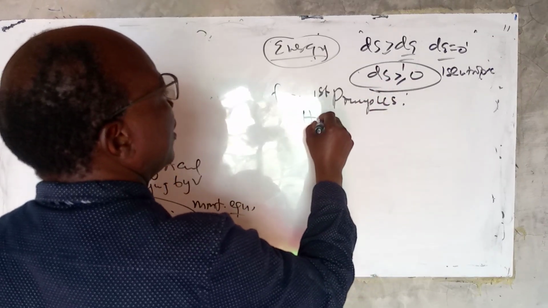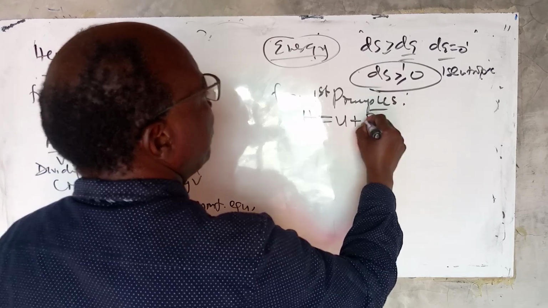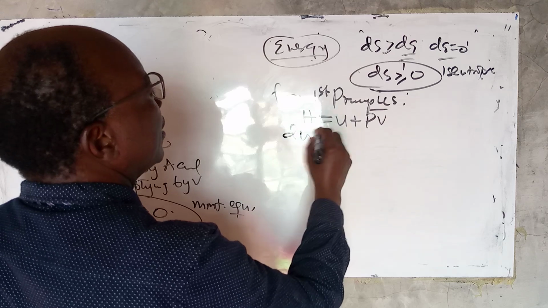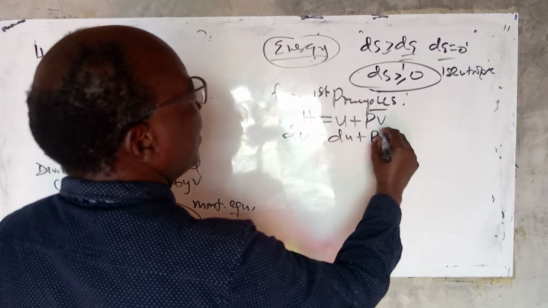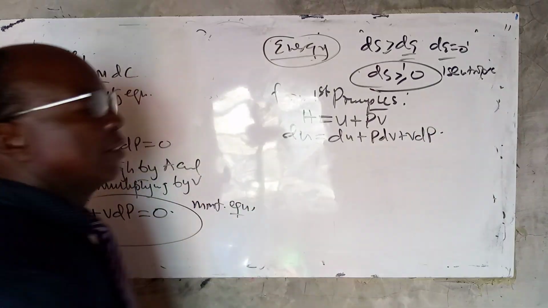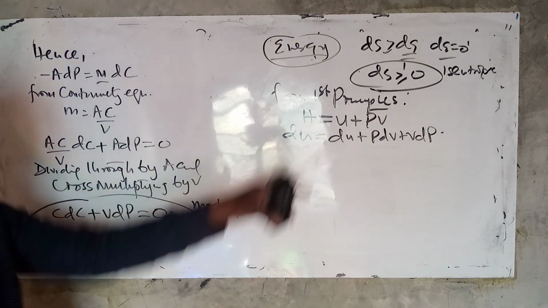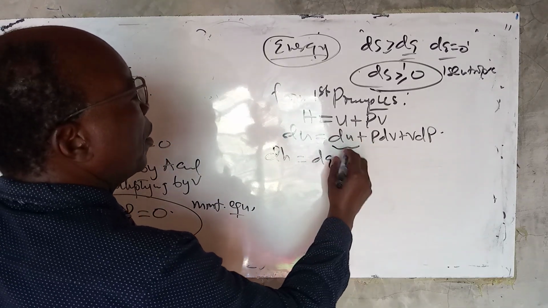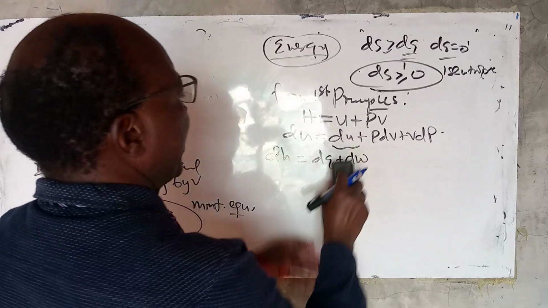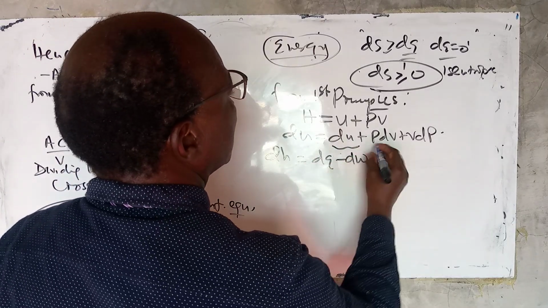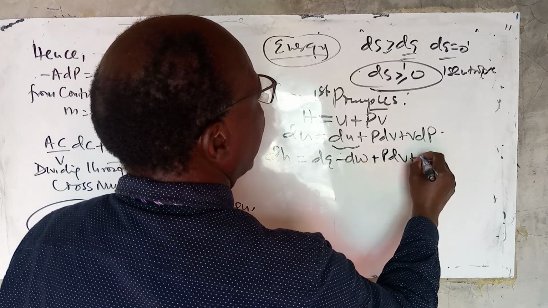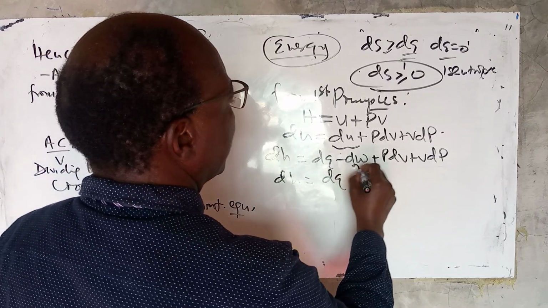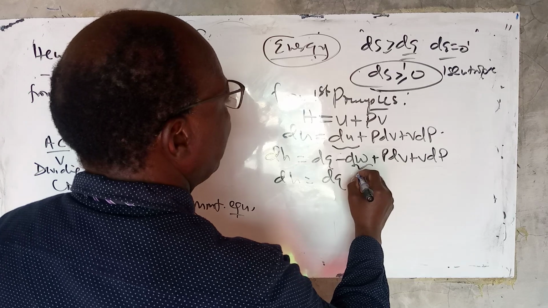remember we said H is equal to U plus PV. And if you take the differential of that, then dH is equal to dU plus PdV plus VdP. And what is dU from the first law? So dH is equal to dQ plus dW, minus dW plus PdV plus VdP. And therefore dH is dQ, and what is that? From PV work, that is PdV.